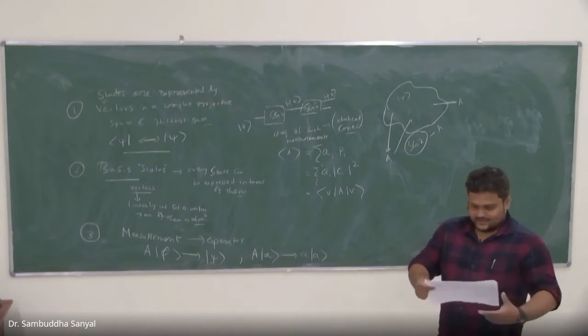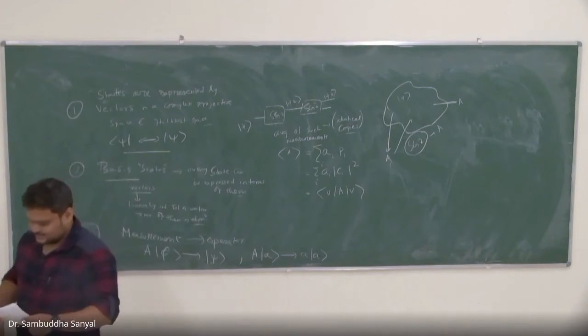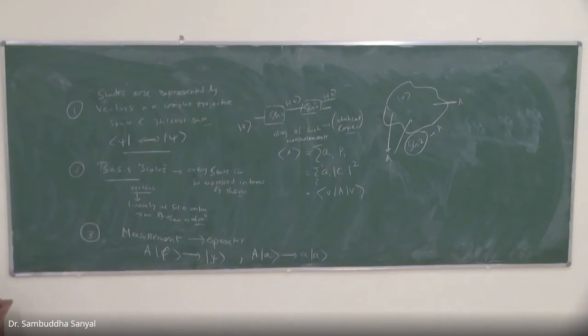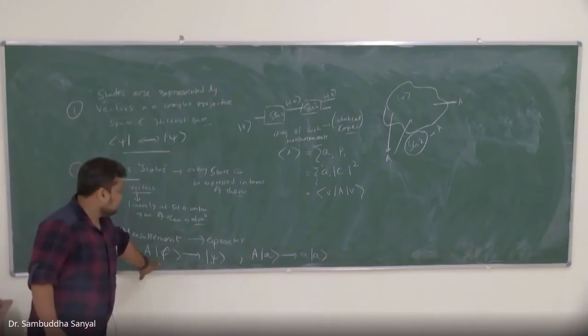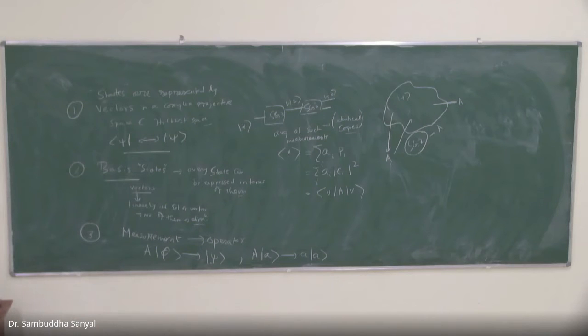Okay, so we learned that an operator must do three kinds of things. There are three things I want from an operator. First, one state goes to another state. Some states don't go anywhere, they remain there.